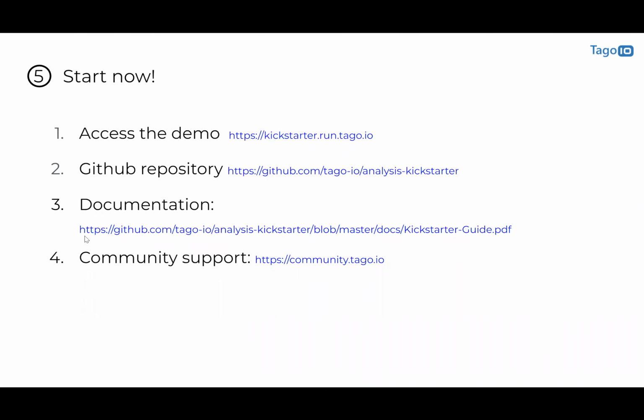We also have here the link for the documentation. This one is the PDF that will go through explaining all the resources that have been used in the application, and of course, how to create your first administrator and how to add your sensor to the application. Everything is available through this PDF.